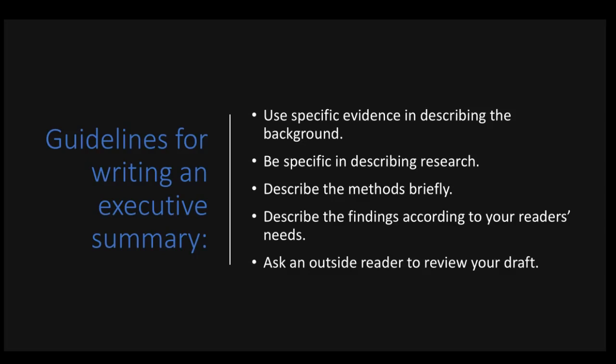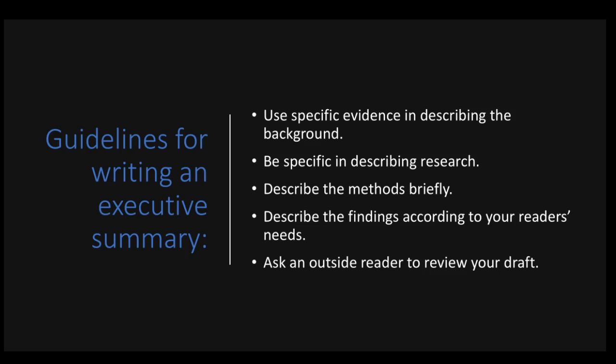So when writing an executive summary, use specific evidence in describing the background, be specific in describing the research you did, describe the methods briefly, describe the findings according to your reader's needs, and ask an outside reader to review your draft. You always want to do that with an executive summary, because this is what the CEO, your boss's boss's boss, is going to be looking at, and it's going to reflect on you and the organization.